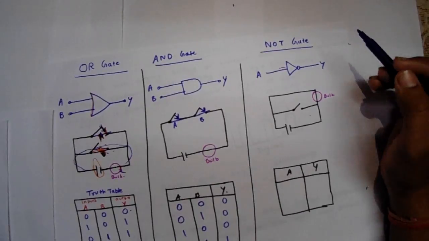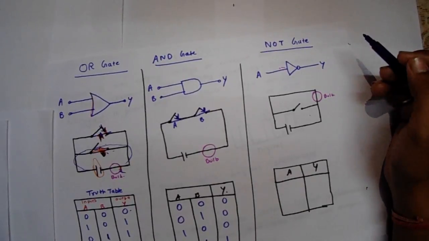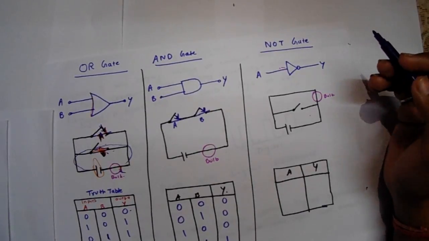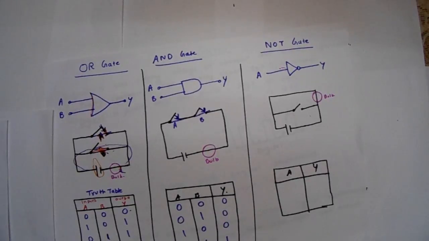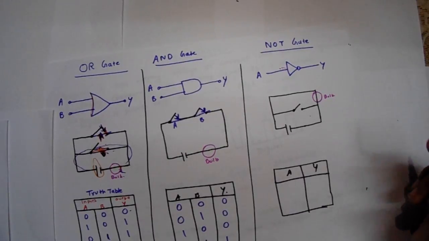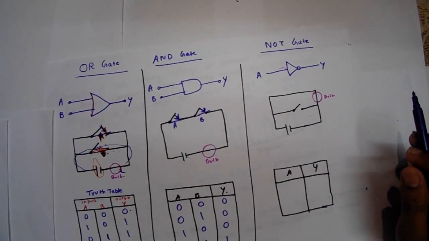What about the NOT gate? The symbol is here, and the gate has an inverting nature. We also call this gate the inverter gate.